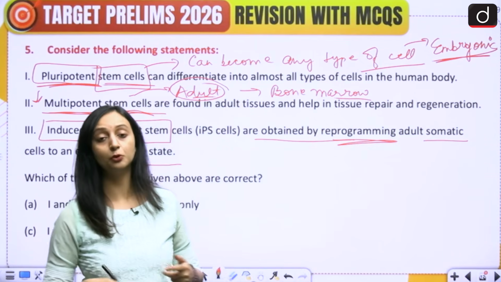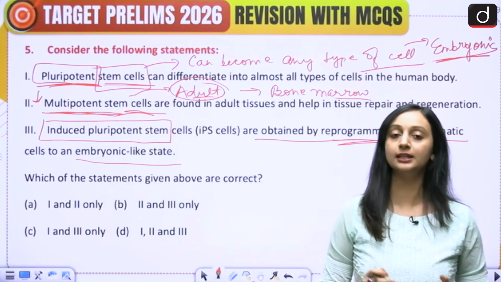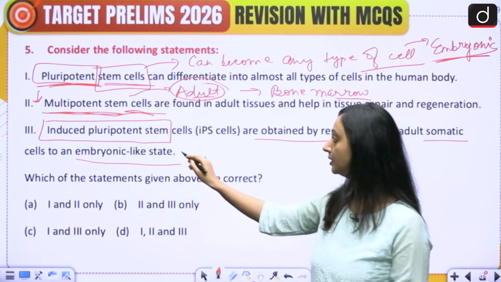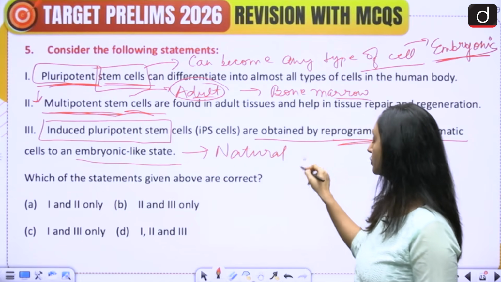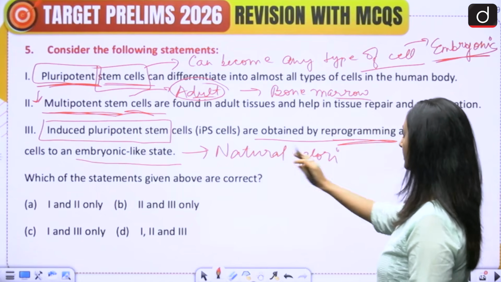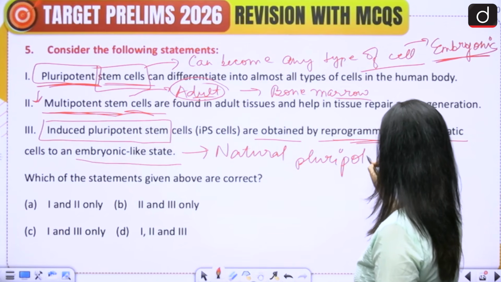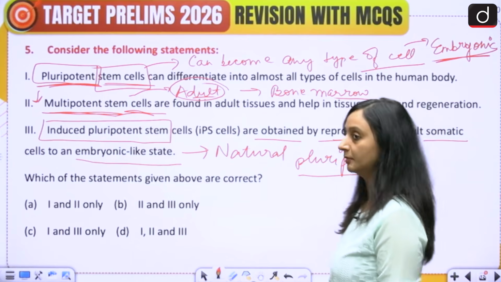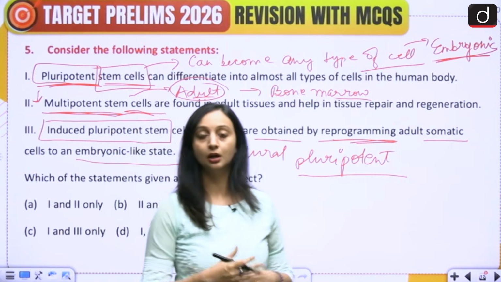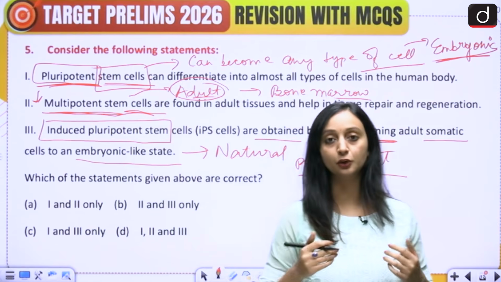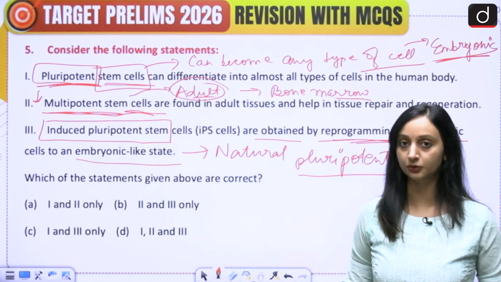So we are trying to reprogram these adult cells so that they start behaving like the embryonic stem cells, so that they start acting like the natural pluripotent cells. Correct, because it has the maximum potential to convert into any type of cell. So in induced pluripotency, we are trying to induce this pluripotency in the adult cells only.